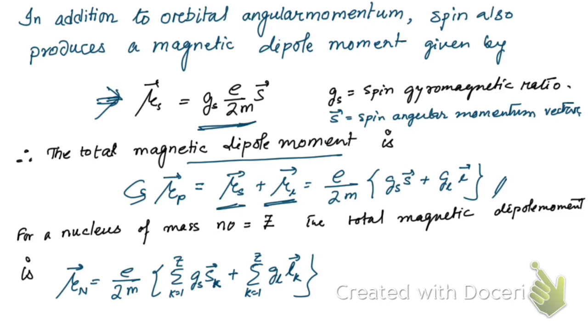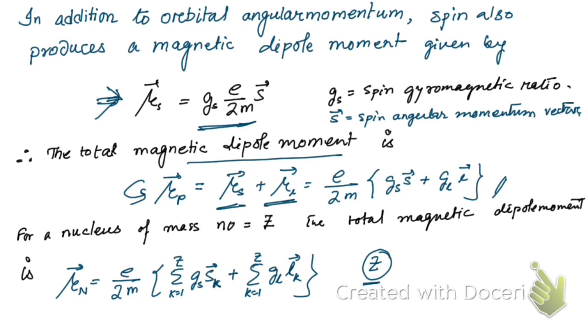And in a nucleus, there may be more than one proton and neutron, and to obtain the net magnetic dipole moment of the nucleus, we have to add the magnetic dipole moment of each individual particle, and adding, we have got this.